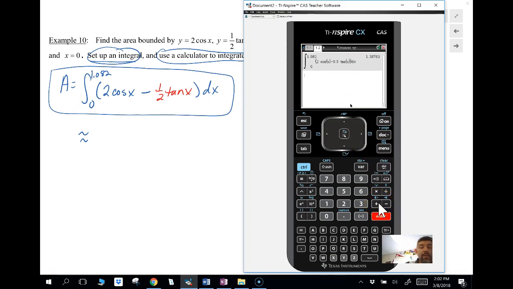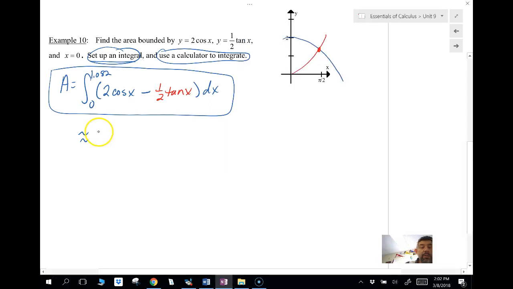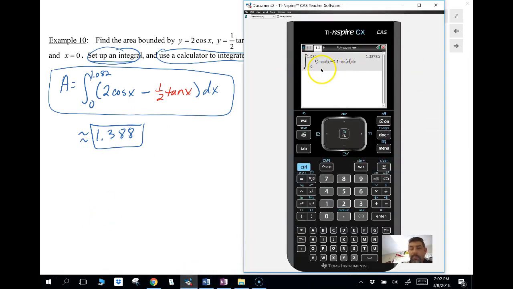We get 1.387 or 1.388. So we're going to go and put that here, 1.388. Done. Isn't that nice from the TI Inspire? Nice and easy to write that in there.